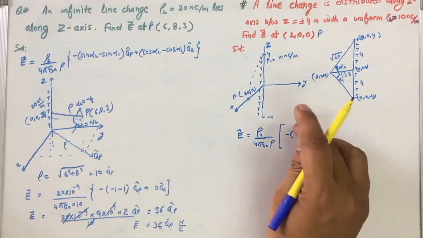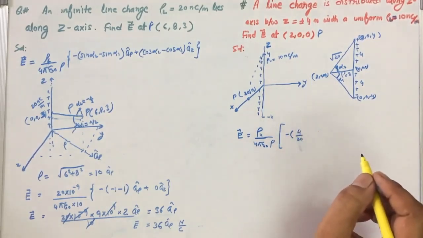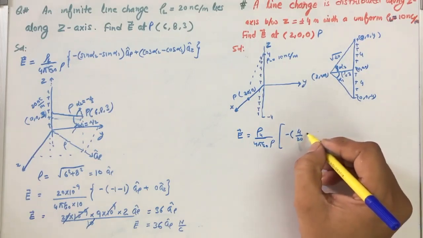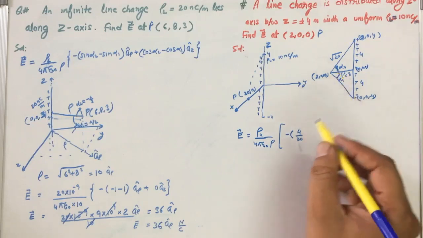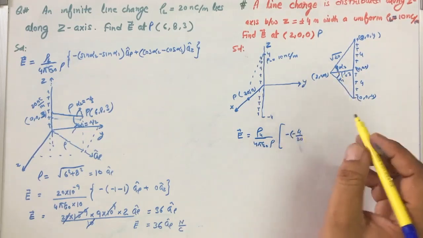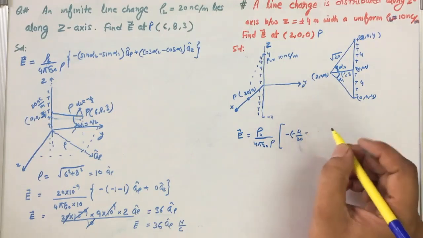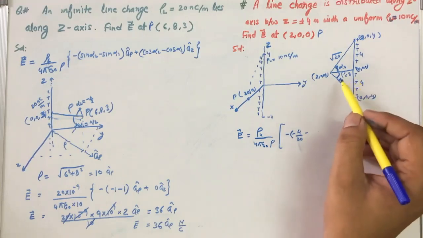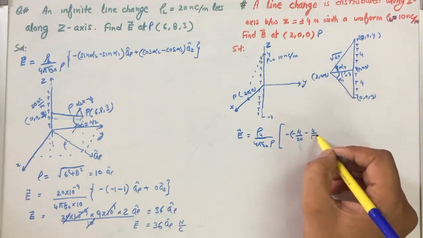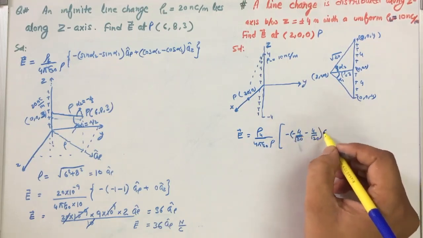So 4 by root 20, and since it is considered as minus, it should be minus 4 by root 20, and minus sine alpha 1 will be plus 4 by root 20, in the direction of arrow rho.